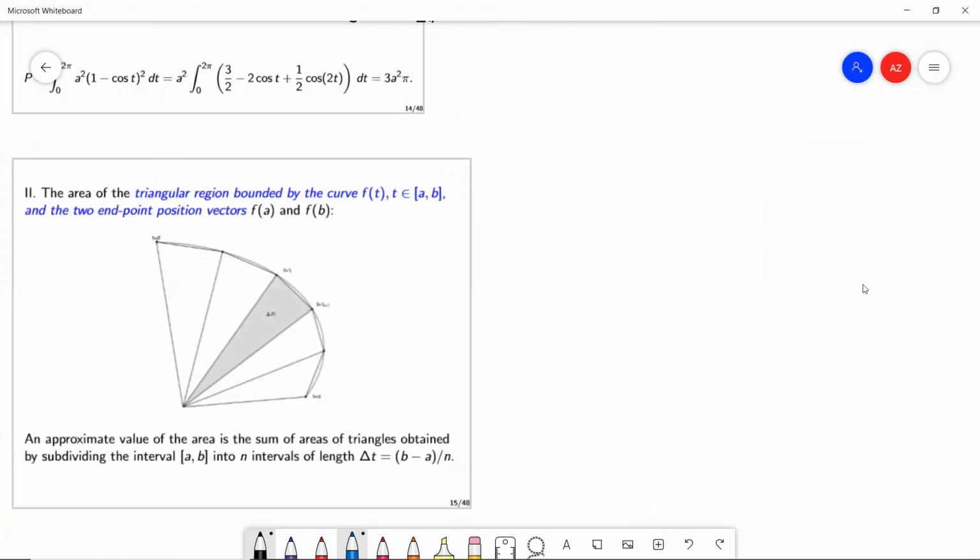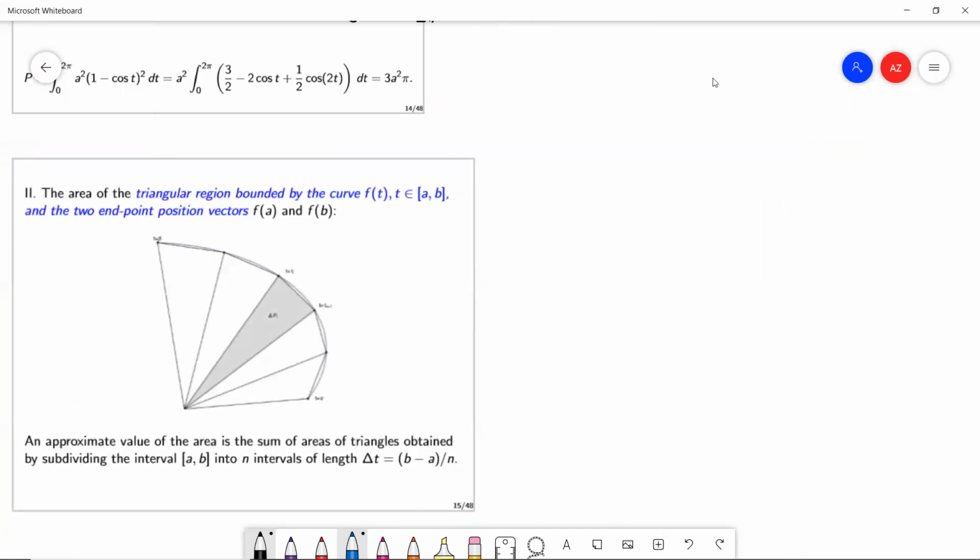Again, we will derive this formula with Riemann sums. I will draw a picture again. We have this curve, and we would like to compute this area.